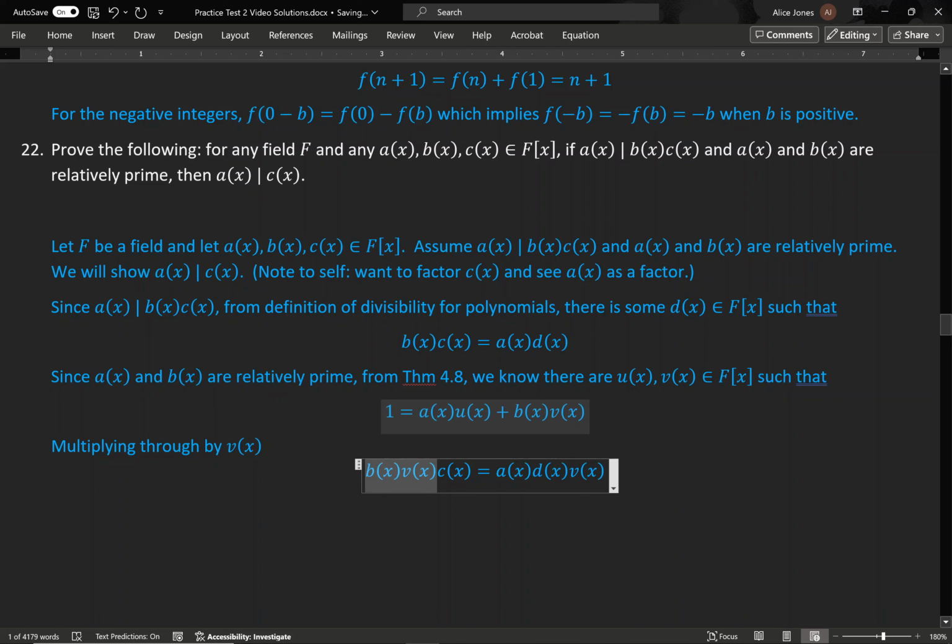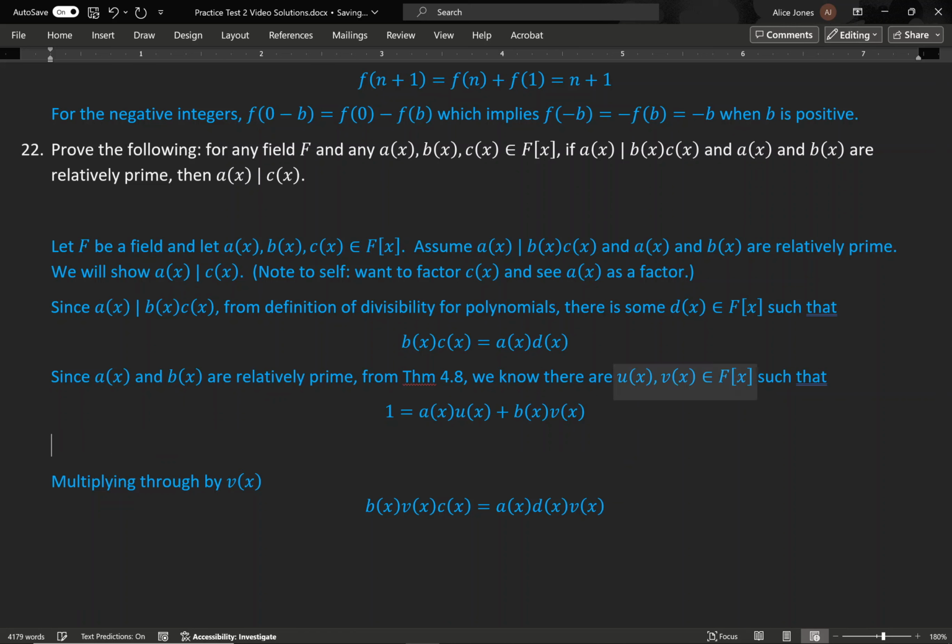And then I could replace it here. So solving this one for b of x, you get b of x equals 1 minus a of x u of x.